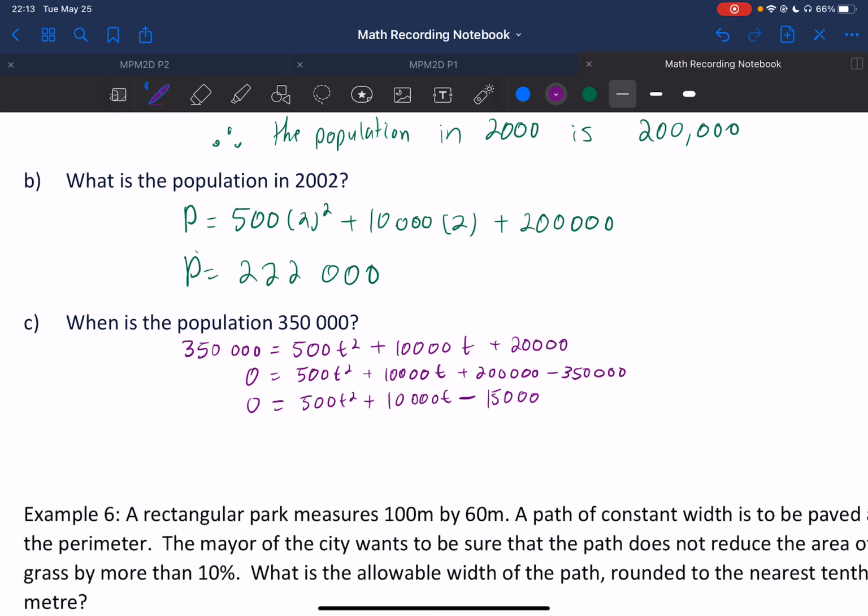Okay, let's try this out. There should be another 0 here. Let's take out that 500. What we're left with is t squared plus 20t minus 300. This looks doable.